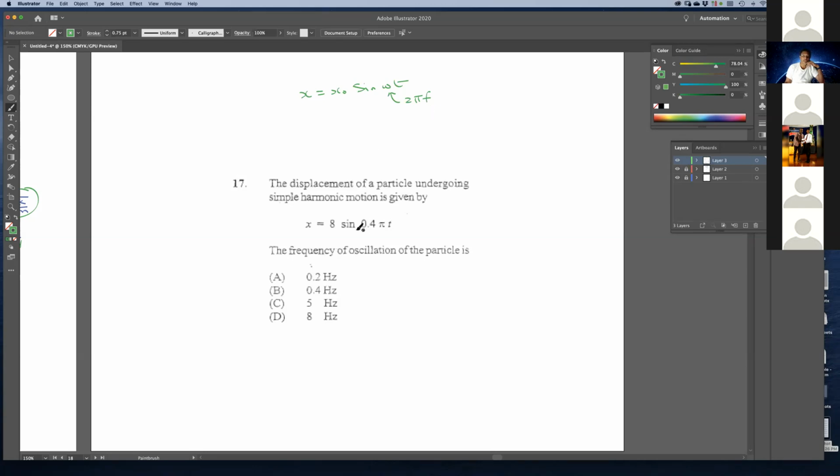So when you look at this term here, we are seeing that omega t is equal to 0.4 pi t. So omega, which is equal to 2 pi f, is equal to 0.4 pi. And therefore, we can solve for f.